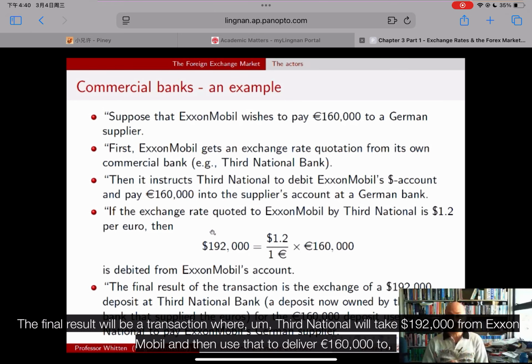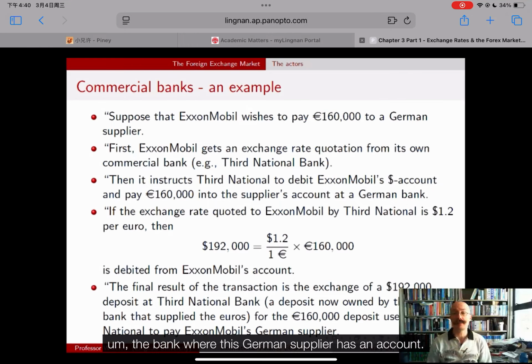The final result will be a transaction where Third National will take $192,000 from ExxonMobil and then use that to deliver 160,000 euros to the bank where this German supplier has an account.